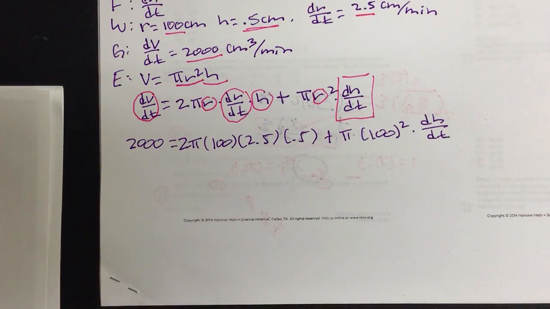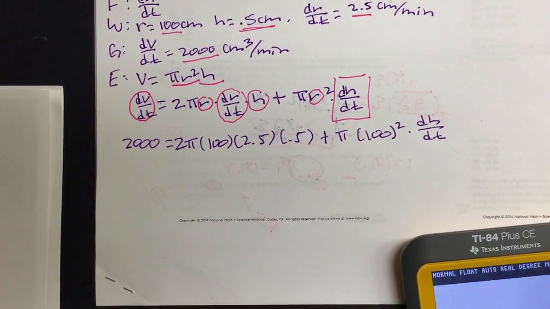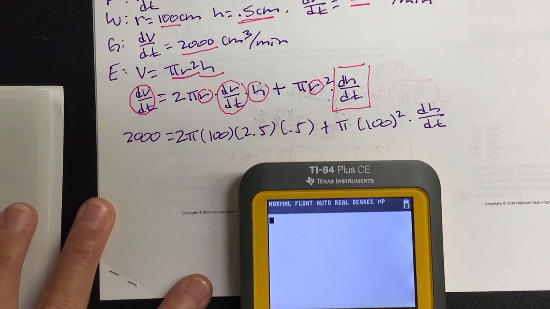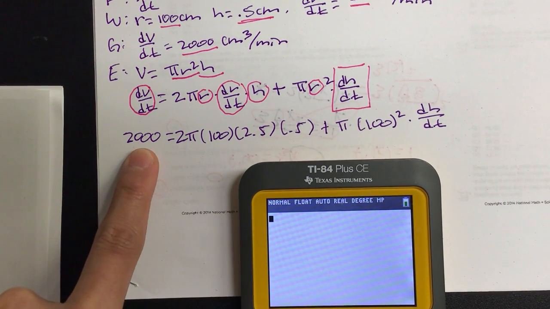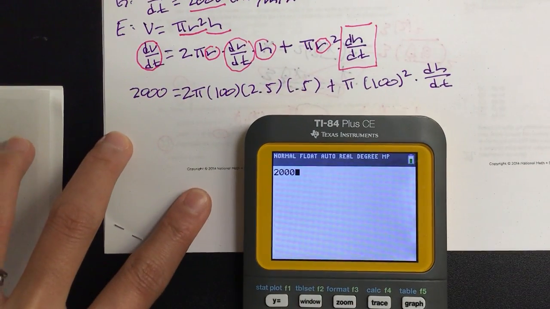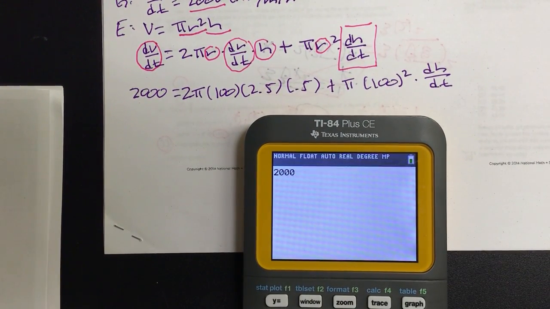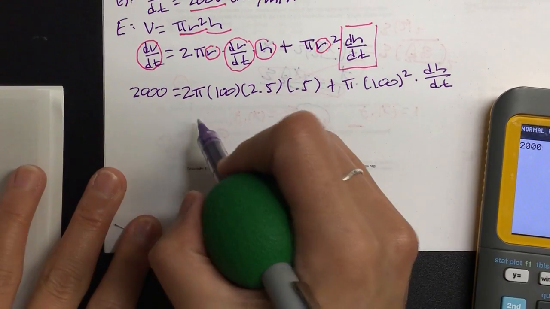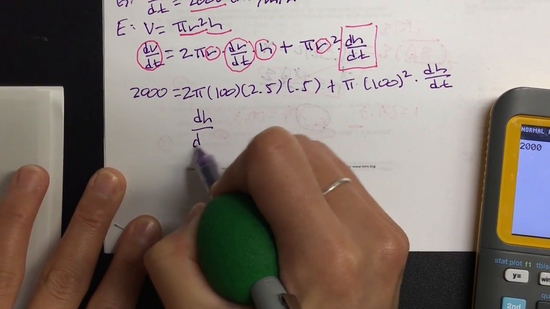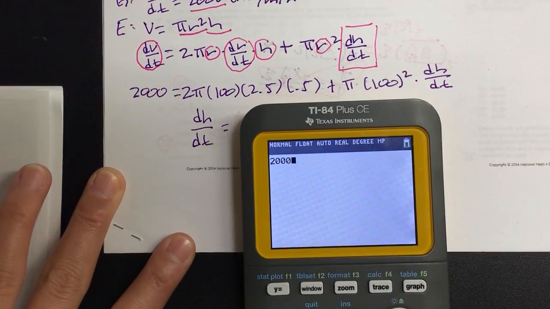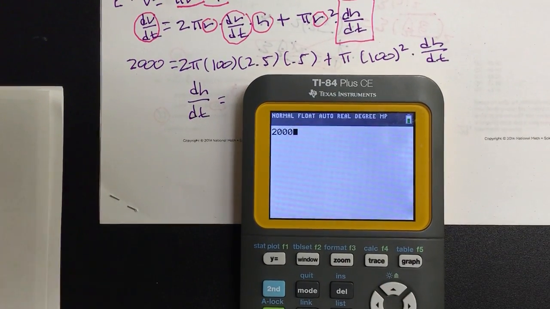Let's do this on the calculator. So I'm going to start with 2,000. If you need to grab one, go ahead and grab one right now. I'll wait. So I'm not going to show anything in between. So type in 2,000.